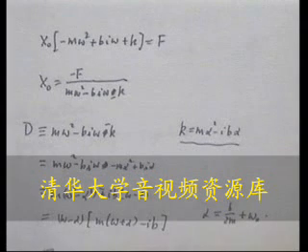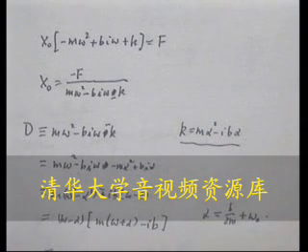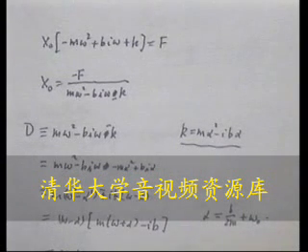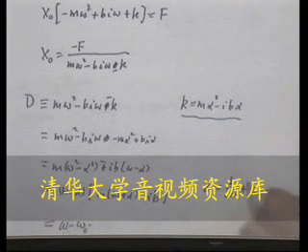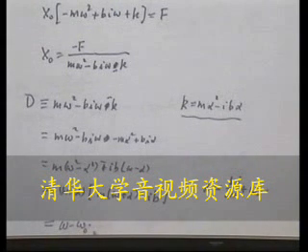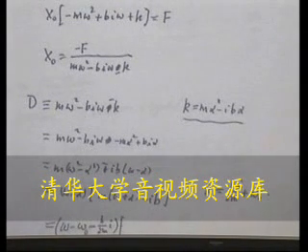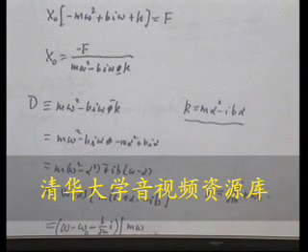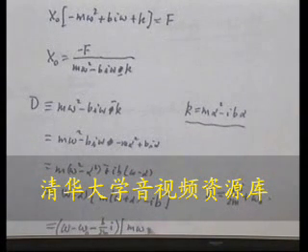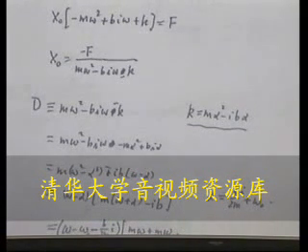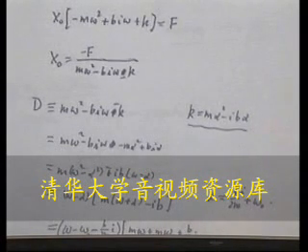So I substitute that in there. I get omega minus omega 0 minus b over 2m i, times m omega plus m omega 0 minus i b over 2 plus b over 2 minus i b.